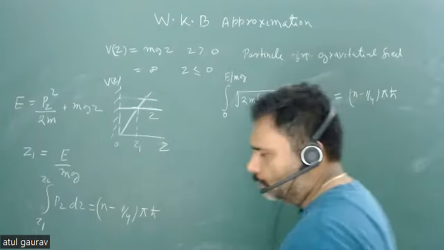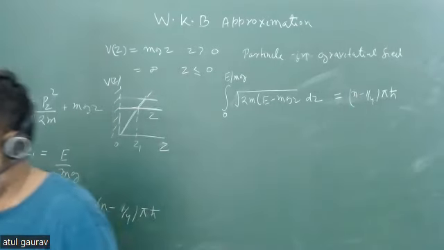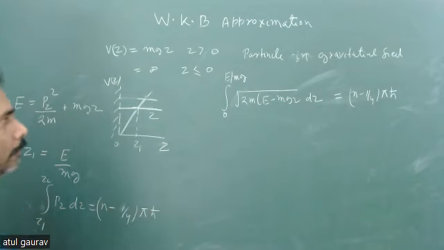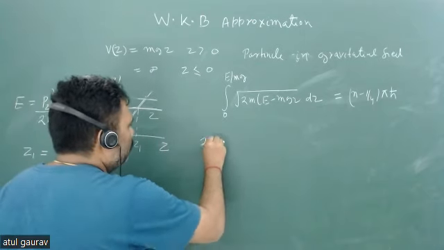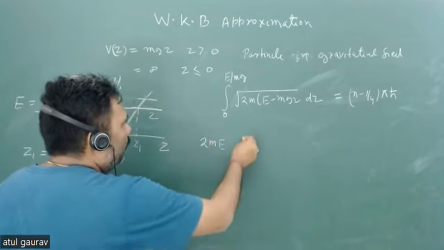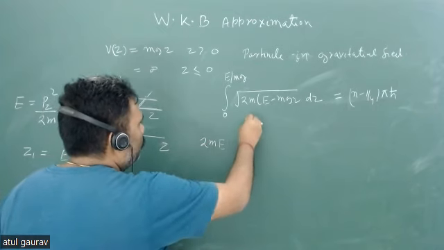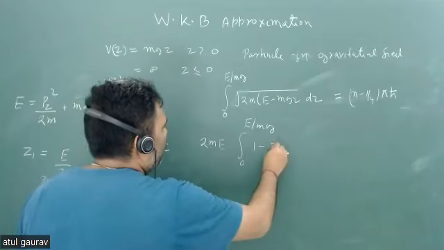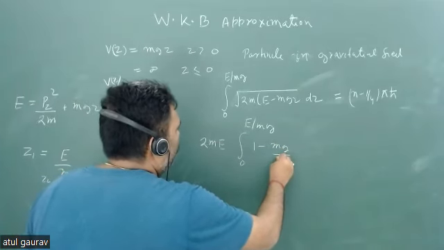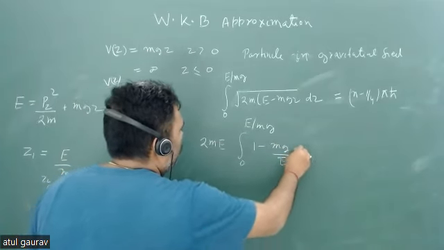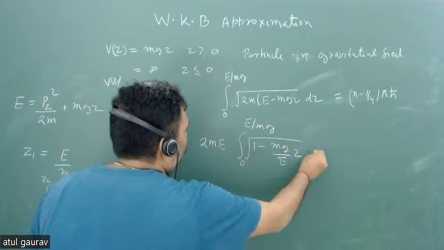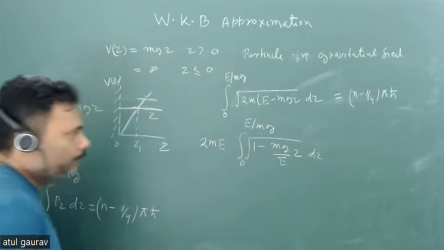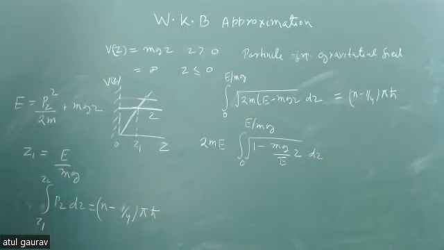So what do you have to do? First we have to take 2mE common. And you have 0 to E upon mg, and we have root under (1 minus mg upon E into z) dz, isn't it?